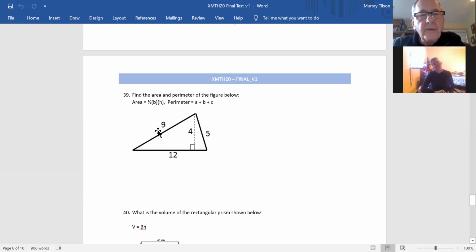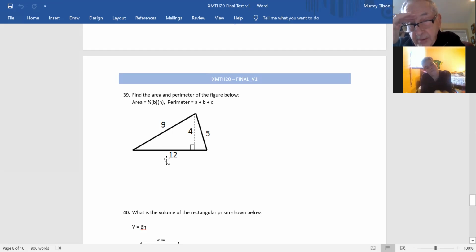So in this particular case, what would the area be of this triangle? With this formula, 1/2 base times height, what would it be? The base would be 6, right? Why do you get 6? Because it's 1/2 times 12.